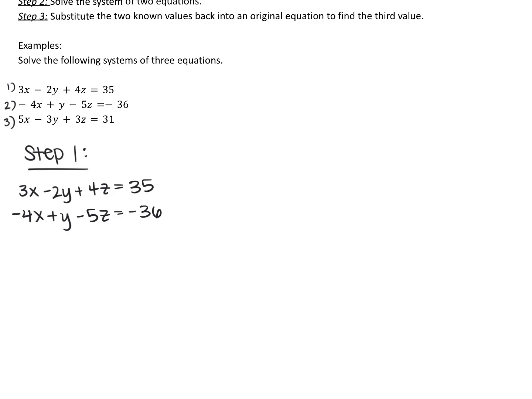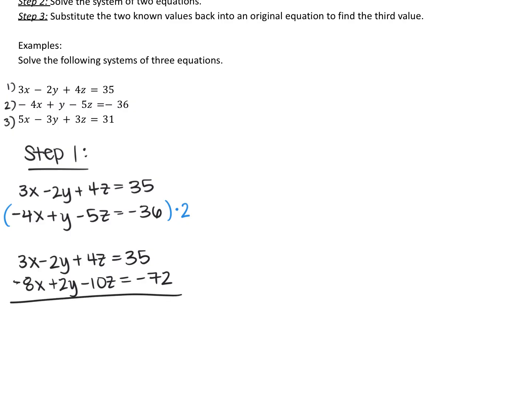In order to eliminate y here, I need to multiply my second equation by 2. So we have 3x minus 2y plus 4z equals 35, and then negative 8x plus 2y minus 10z equals negative 72. We're still going to add our equations together like regular elimination. So we get negative 5x minus 6z equals negative 37.